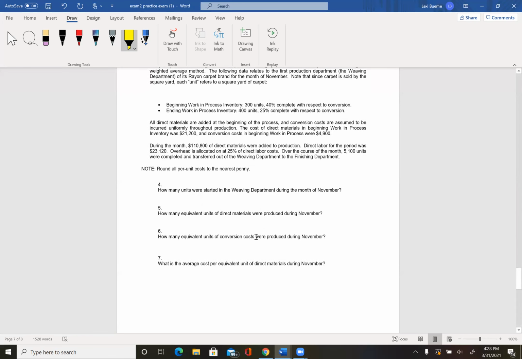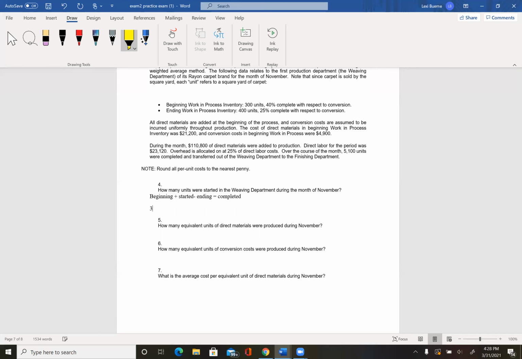So first, to start for question 4, it says how many units were started in the weaving department during the month of November. To find this, the formula is going to be the beginning amount, and then you add in the amount started and subtract out the ending, and that gives you what was completed. So we know the beginning of 300. That was found right here, the 300 units.